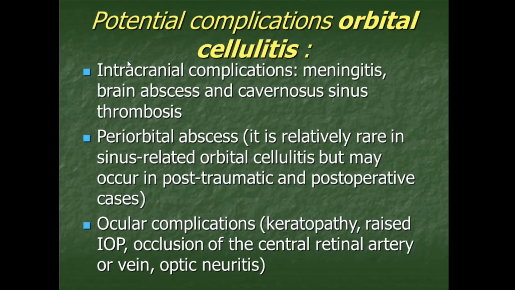Periorbital abscess we can also see in a case of orbital cellulitis, and ocular complications: keratopathy, high intraocular pressure, occlusion of the central retinal artery or vein, optic neuritis.